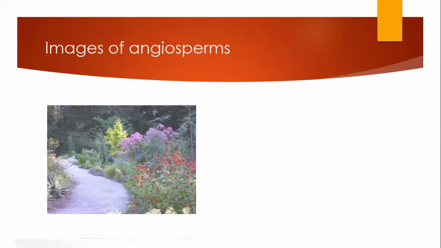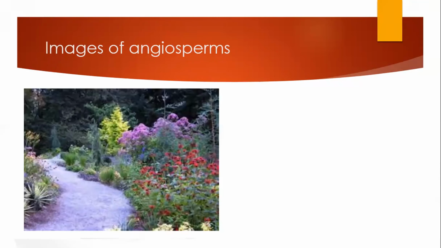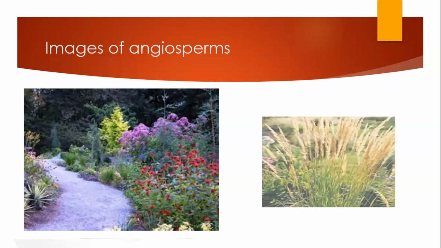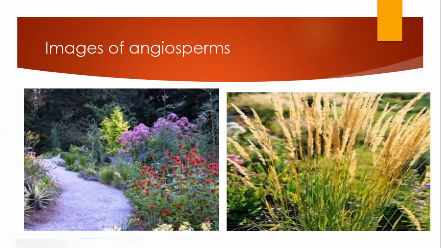Over there, I have a picture of a garden with so many angiosperms that are in bloom. Even around our homes, when we want flowers, we plant angiosperms. Now, the second image there shows a kind of flower that we rarely think about as a flower because it's not so brightly colored.